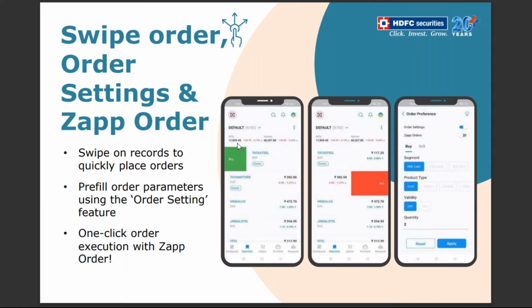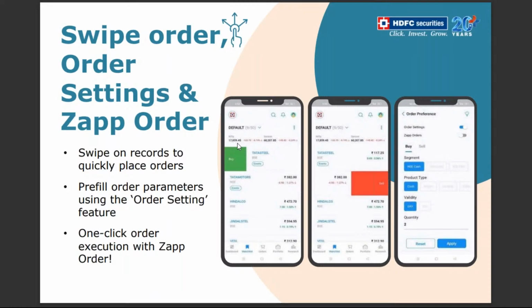So you will get this swiping option in the page where you can place the order in a fraction of a second, so that you will not miss the particular stock price, and in a faster way you can place the order. So the mobile application will support you to place the order in quicker time. So that is the advantage.